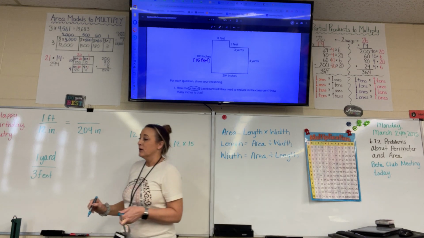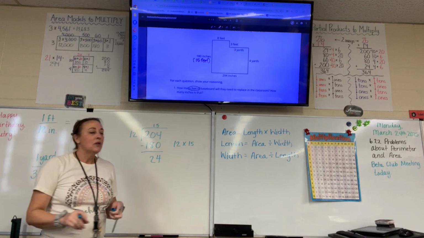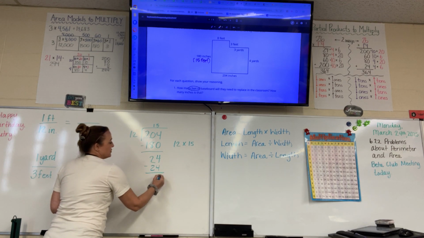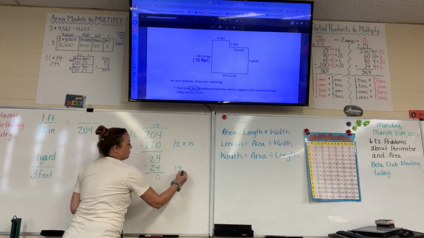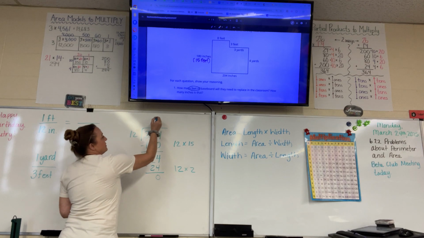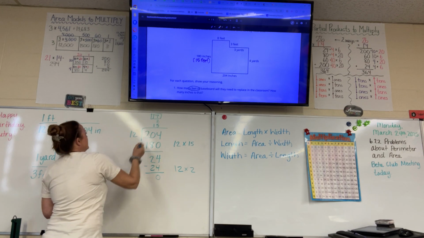Is there a 24 in the 12 row? Yes. Go look and see. So what do you multiply 12 times to get 24? 2. So I'm going to put that 2 on top of the 15. 15 plus 2 is 17. And there is our answer.